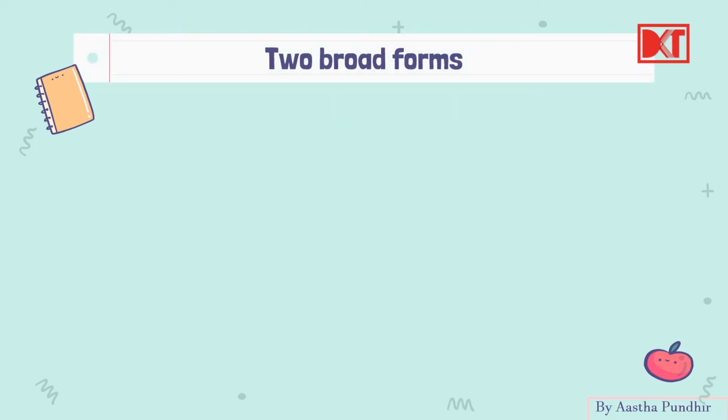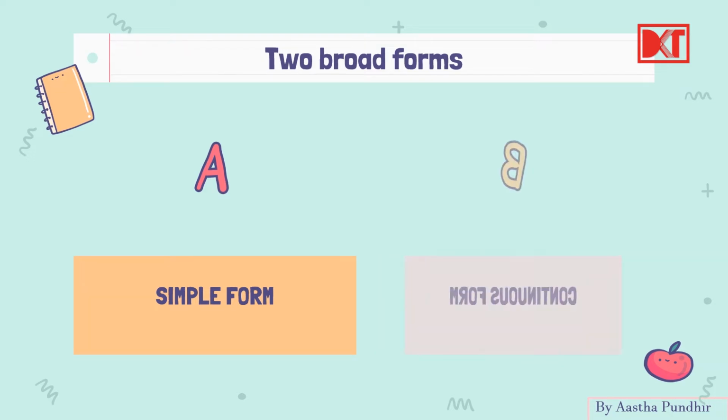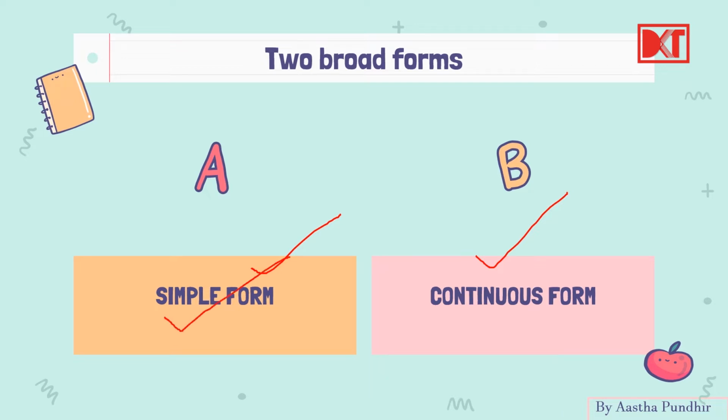Now for the present, the past and future, we did three broad categories. And now there are two broad forms which we will be discussing in these categories. For example, we will be doing simple past, simple present, simple future.